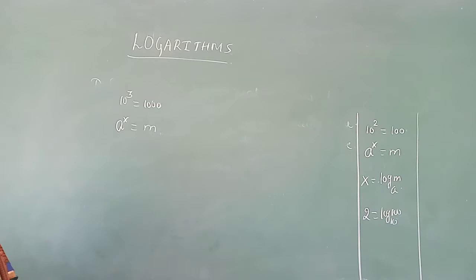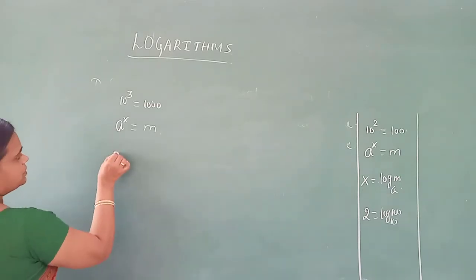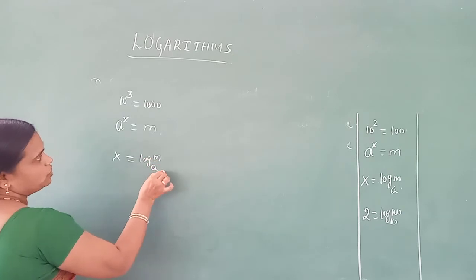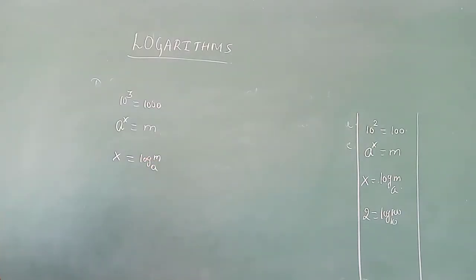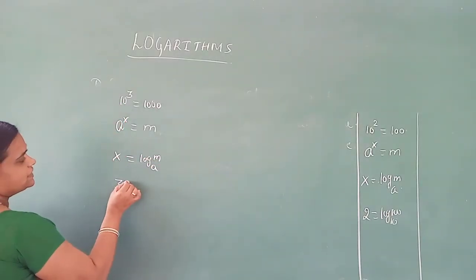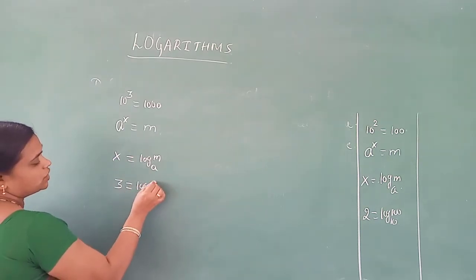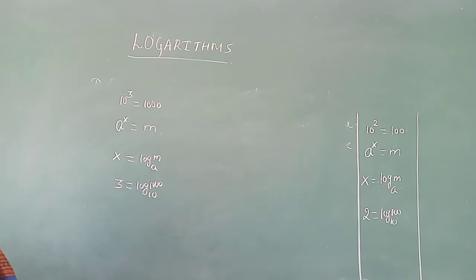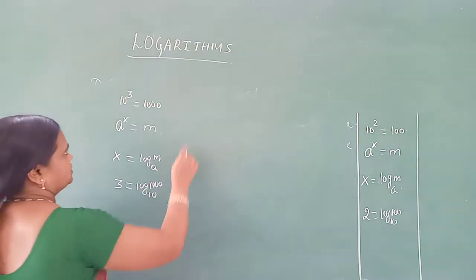And we know that x is equal to log m to the base a. What is our x here? 3 is log of 1000 to the base 10. Did you understand?